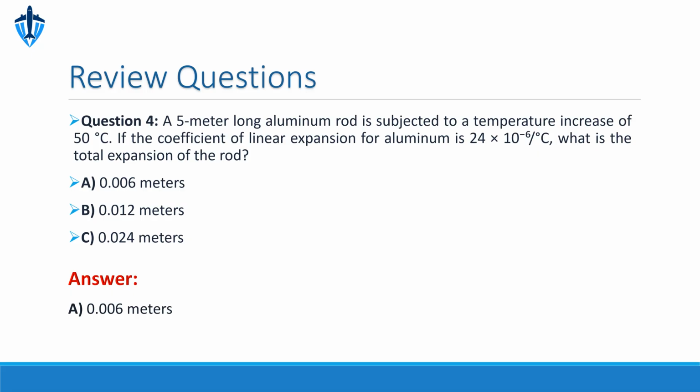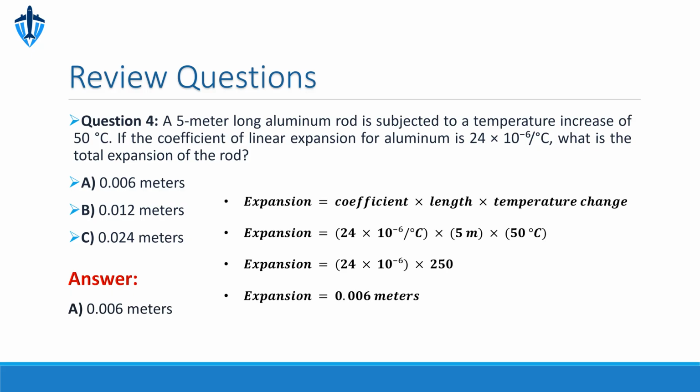Expansion equals the coefficient of expansion multiplied by the original length multiplied by the change in temperature. Substituting the given values, we have 24 times 10 to the minus 6 times 5 meters times 50 degrees. Multiplying 5 by 50 gives us 250.